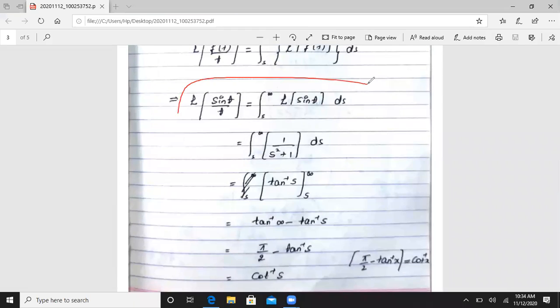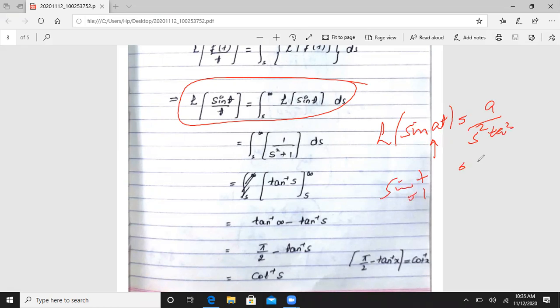And here, guys, you know the Laplace transformation of sin at formula is a divided by s square plus a square. So here a value is 1, so 1 divided by s square plus 1 square becomes, integration over s to infinity 1 divided by s square plus 1 into ds.